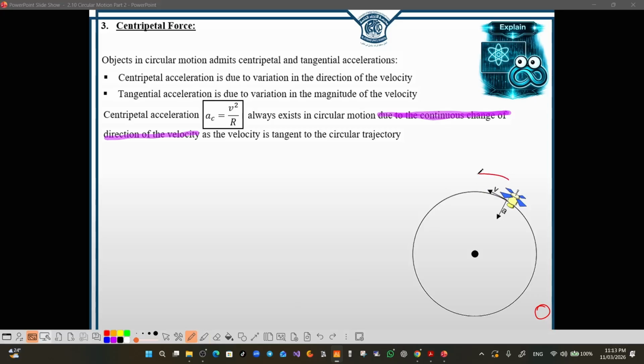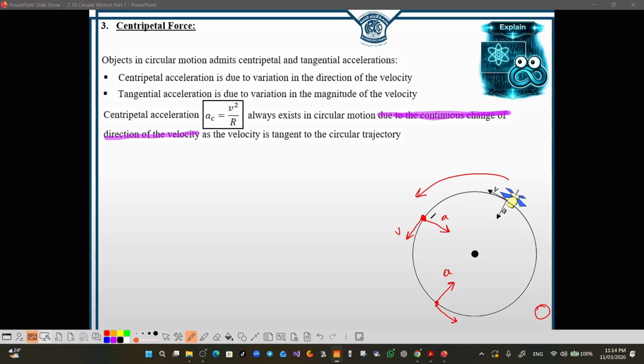So for this satellite, the motion is in this way, so this is the counterclockwise direction. For example, when the object reaches this location, the velocity vector is always tangent to the path. So this is the velocity vector, and the acceleration will be directed toward the center. What about this point? If we complete it, the velocity is always tangent to the path, and the acceleration is toward the center. If you compare this direction and that direction, you will find them different.